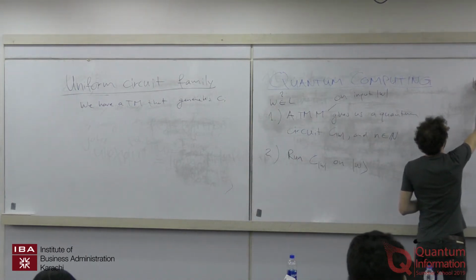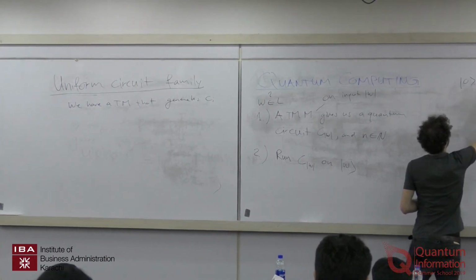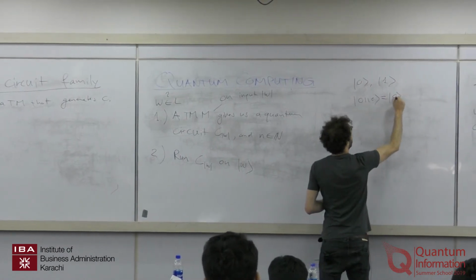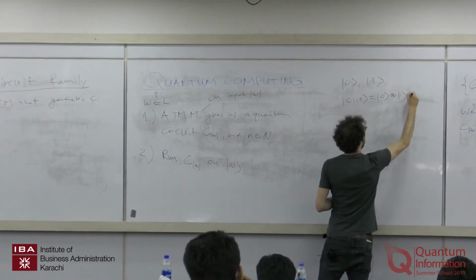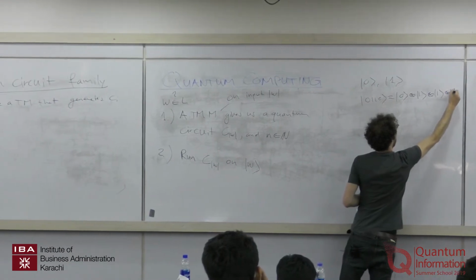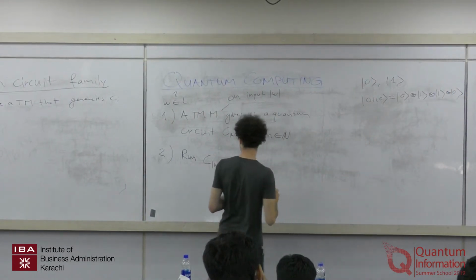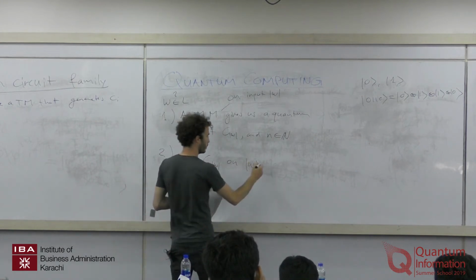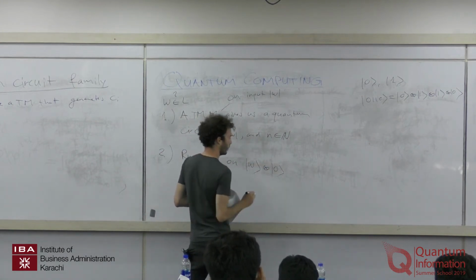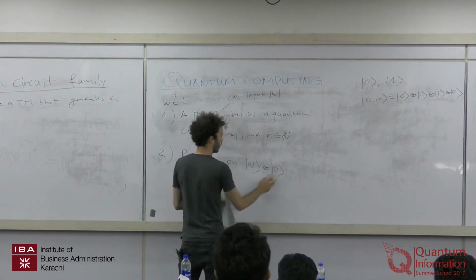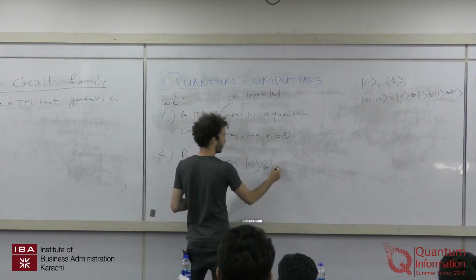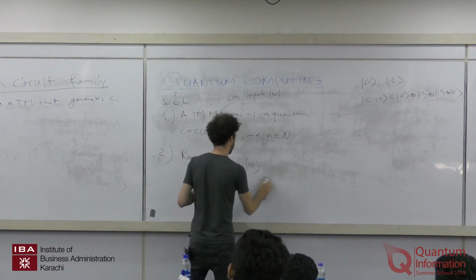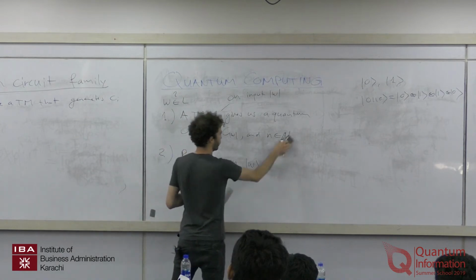If I have a bit string, then what I mean is 0 tensor 1 tensor 1 tensor 0. So we run this circuit on that input.